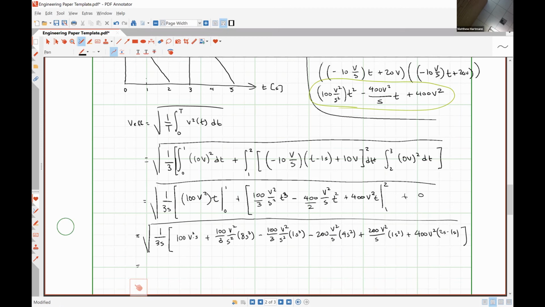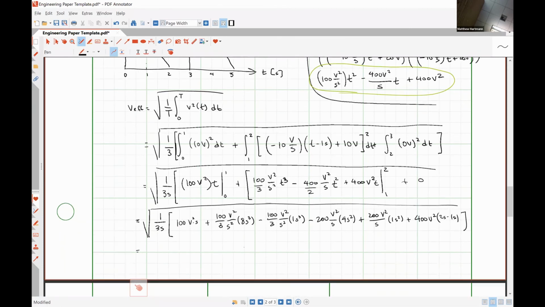So I have 100 plus 100 over 3 times 8, minus 100 over 3, minus 200 times 4, plus 200, plus 400. That's 400 over 3, multiplied by a factor of 1/3.